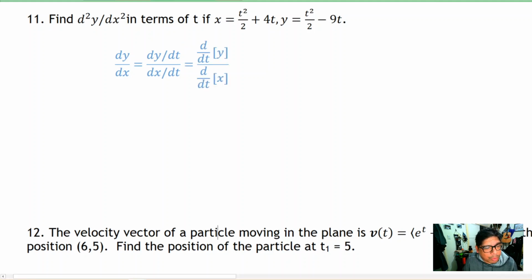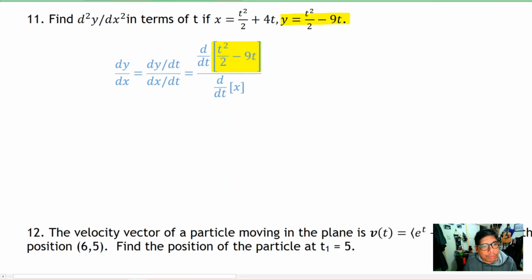That just means, of course, that we're taking the derivative with respect to t of the equation for y over the derivative with respect to t of the equation for x. We'll substitute our equation for y, and then we'll substitute our equation for x. And then we'll take our derivatives.